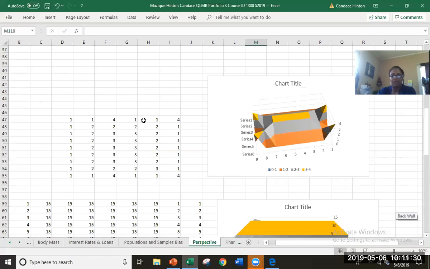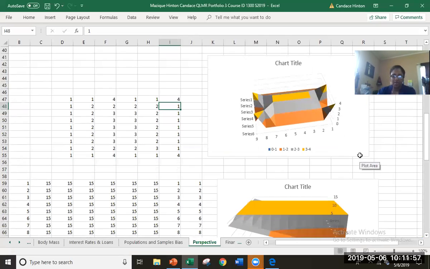If you see, at first I had a whole lot of ones, and then I just went through and inserted some fours, and they created these. So see, if I put that down, you see how that changed that? I'll go back and put it back up. It changes it again. So that's what I mean by that.